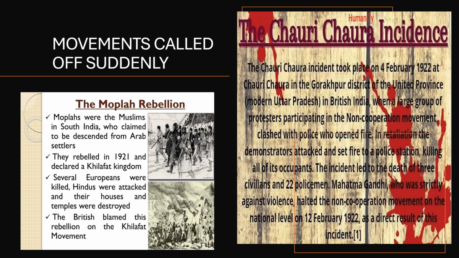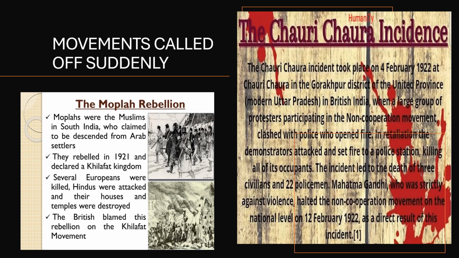In the Mopla rising, these were the coastal Muslims, South Indian Muslims, who claimed to be of Arab descent, or said that they were Arab settlers, and they rebelled in 1921 and declared a Khilafat kingdom. Several Europeans were killed, Hindus were attacked, and their houses and temples were destroyed.